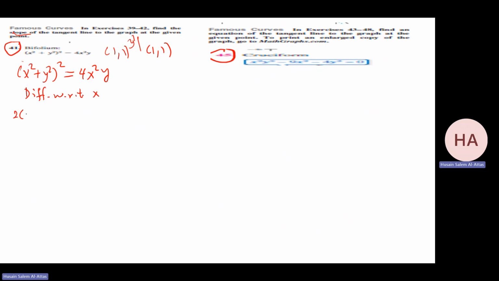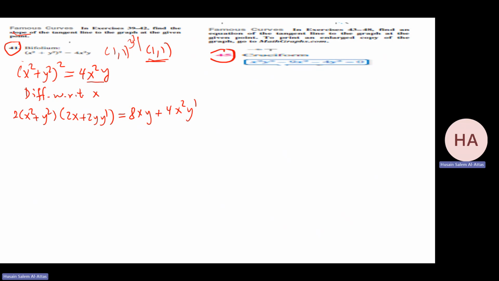What you will get: 2 times x squared plus y squared, times 2x plus 2y prime. Here I have a product. This will be 8xy plus 4x squared y prime.